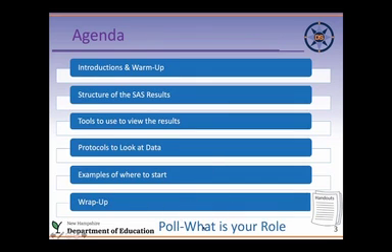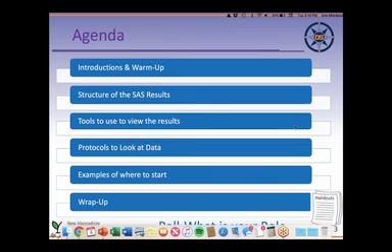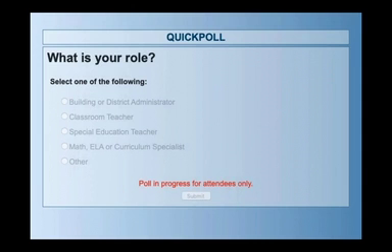I'm going to give you a little poll. I want to know who's attending here. There should be a poll popping up in front of you. If you could answer those, choose what your role is. We just want to know who's here. Building administrators are 76%.